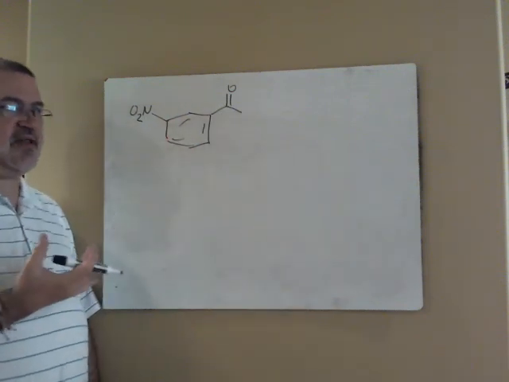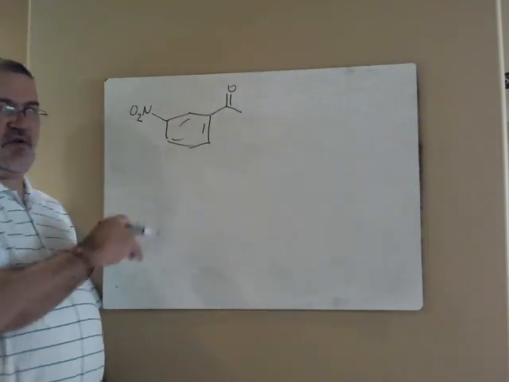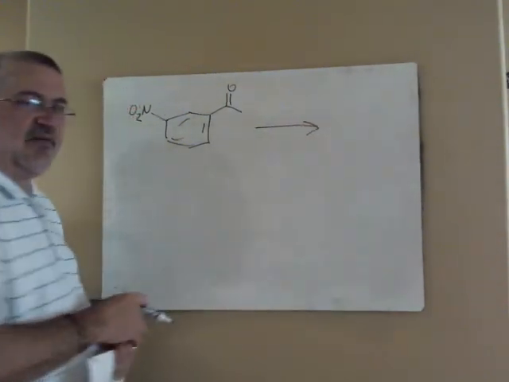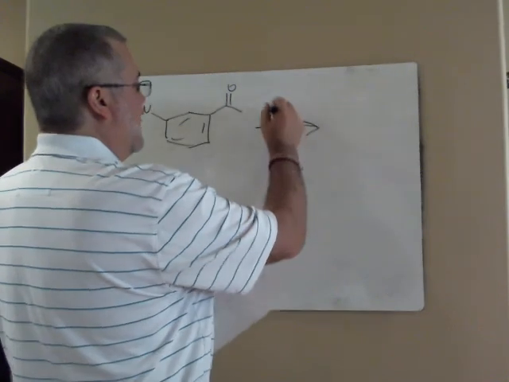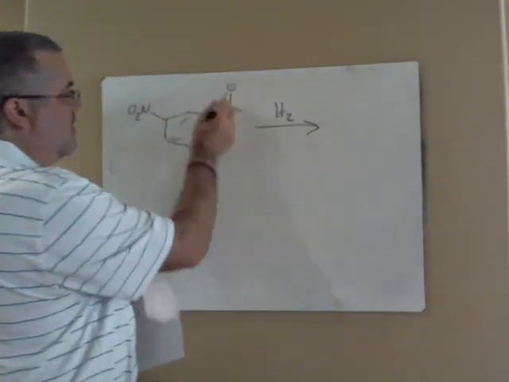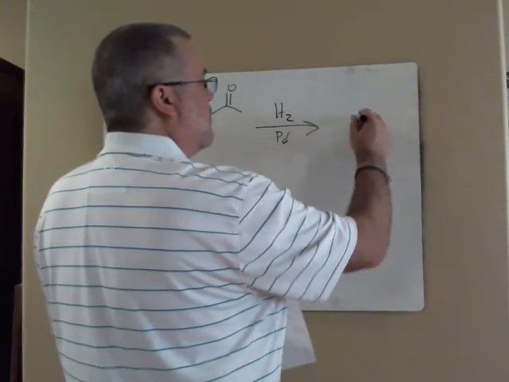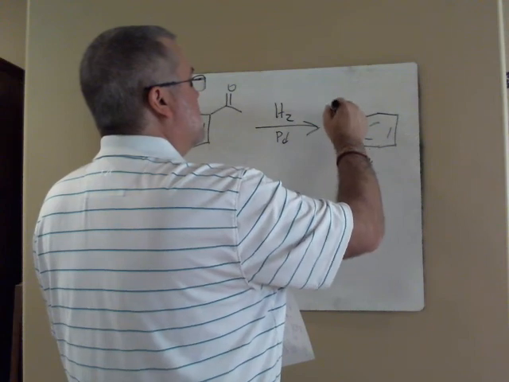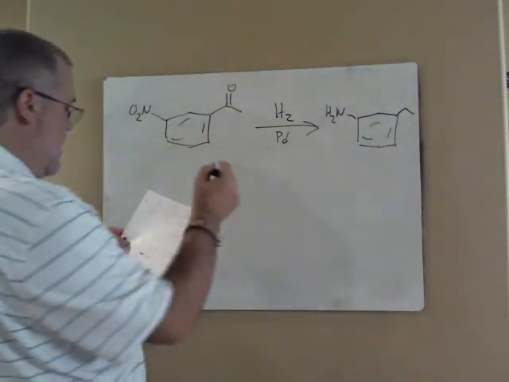And we kind of said that as potentially a limitation, because what if you didn't want to reduce both? Well, with all of the techniques we know now, we have this neat little set of complementary reactions. Because yes, if I treat a compound like this with catalytic hydrogenation, I will reduce both of those groups. So I will end up with that product.